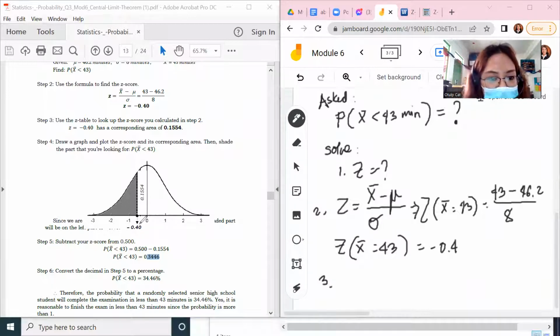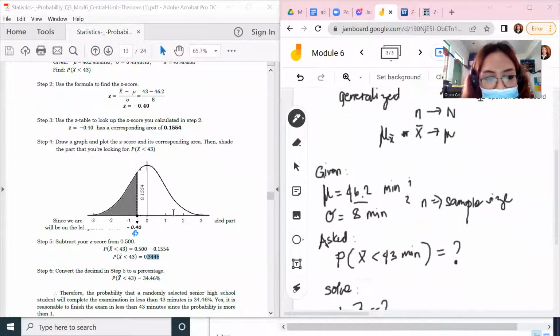So 43 minutes is located here, while the population mean, which is implied, is 46.2 over here. Since we want the probability that is less than, this is the area we are interested in, because it is less than.